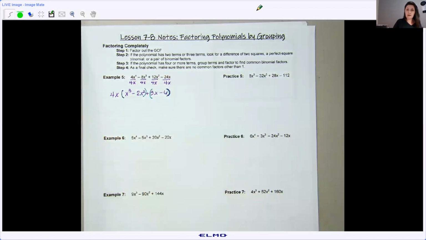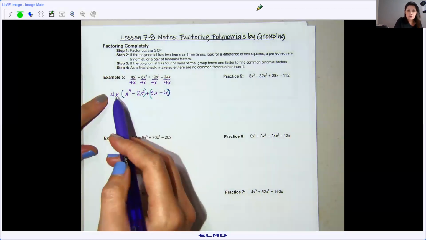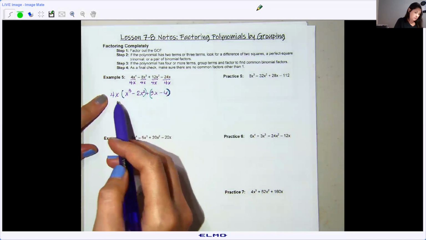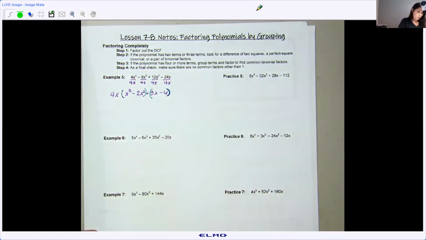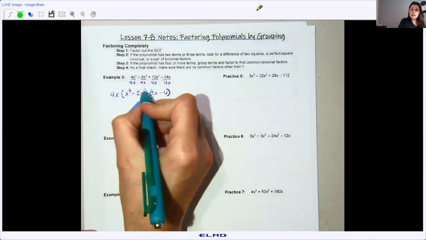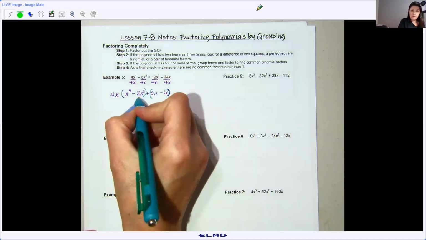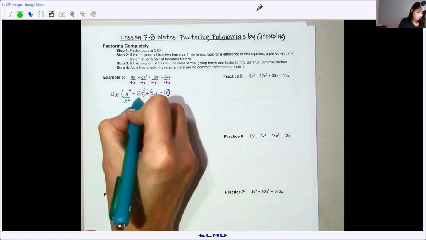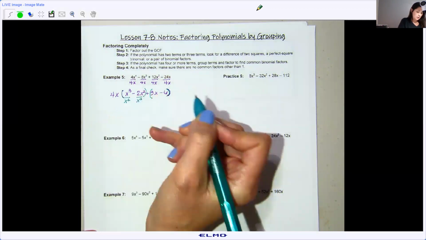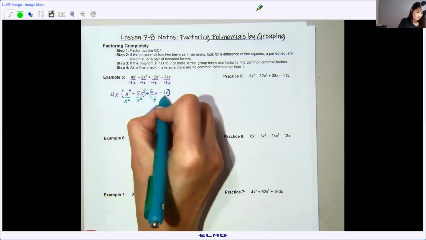And now I'm going to factor out the greatest common factor. Now, when you do this, you cannot ever forget this 4x. That's really important. So in looking at these two right here, when I find the greatest common factor and divide them, it's x squared, by the way. And over here, it's going to be 3.